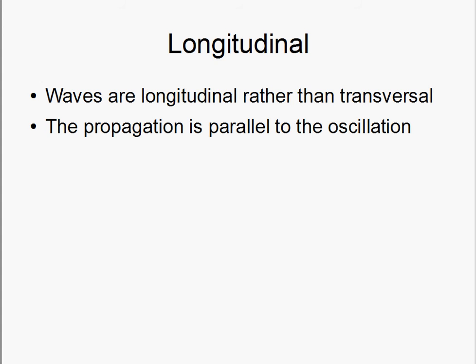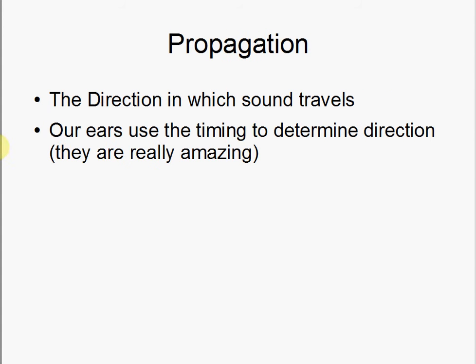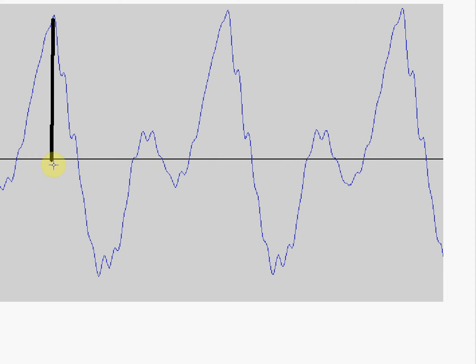So, to explain that, need to explain what is propagation. So propagation is quite simply the direction in which the sound is traveling. So looking back at that illustration, the propagation here is this, the way the sound proceeds.